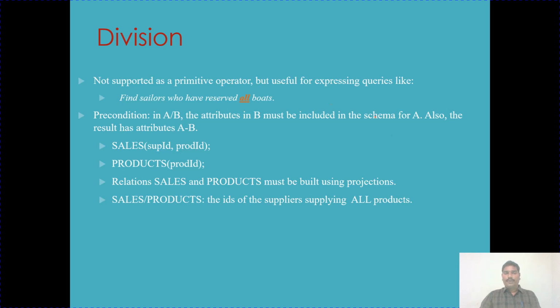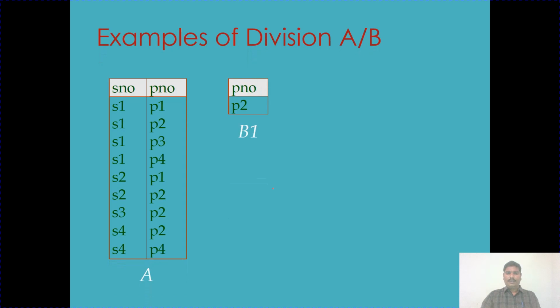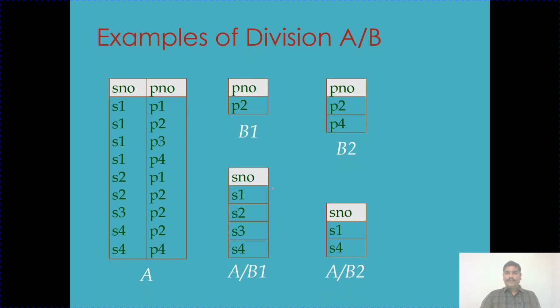For A divided by B, the attributes in B must be included in the schema for A, and the result has attributes A minus B. Check the examples; I discussed these topics in the previous class.